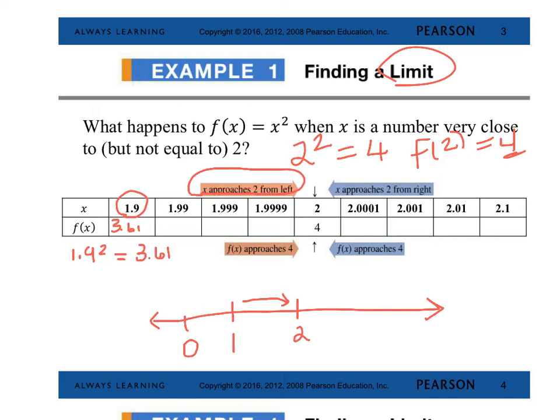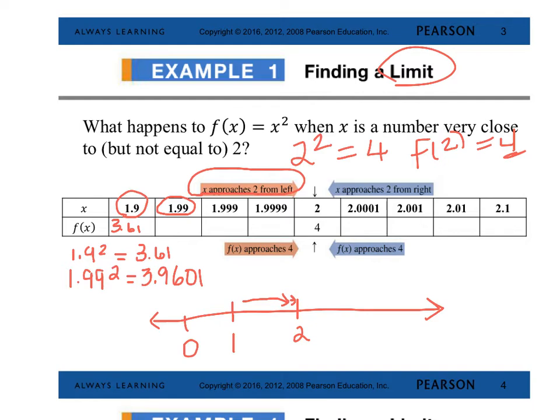We're going to try to get a little bit closer to 2 by going to 1.99, 1 99 100ths. If you get that close to 2, you're only 1 100th away from 2. And when you square 1.99, what you get is 3.9601.